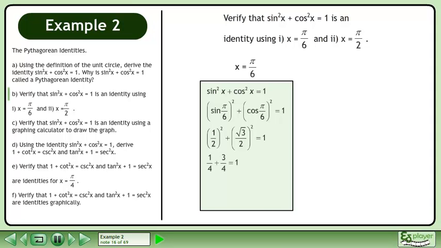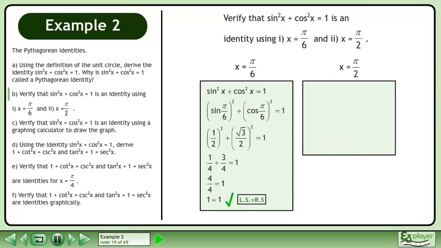Square the terms. Combine the fractions. The result is 1 equals 1. The left side and right side are equal. Now we'll try pi over 2.